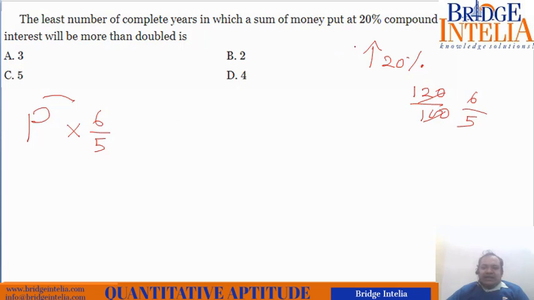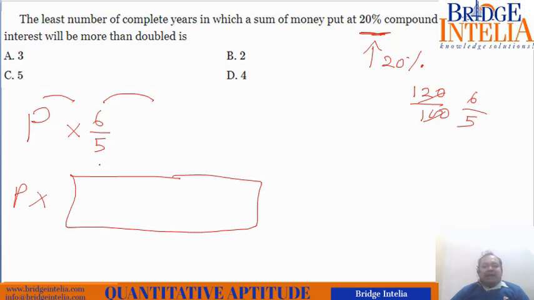This indicates an increase of 20%. So for how many years will you have to multiply by 6 by 5 before it becomes double? That means you want to keep on multiplying by 6 by 5 so that it doubles. Doubles means getting multiplied by 2.